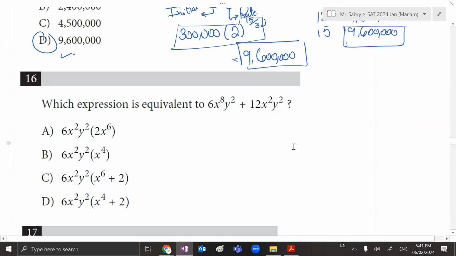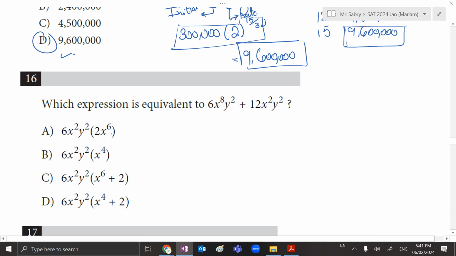Which expression is equivalent to this? What do you think? Okay, so the first one can be 6 and then brackets x to the power of 8 and y to the power of 2, since 6 is being multiplied by x and y.